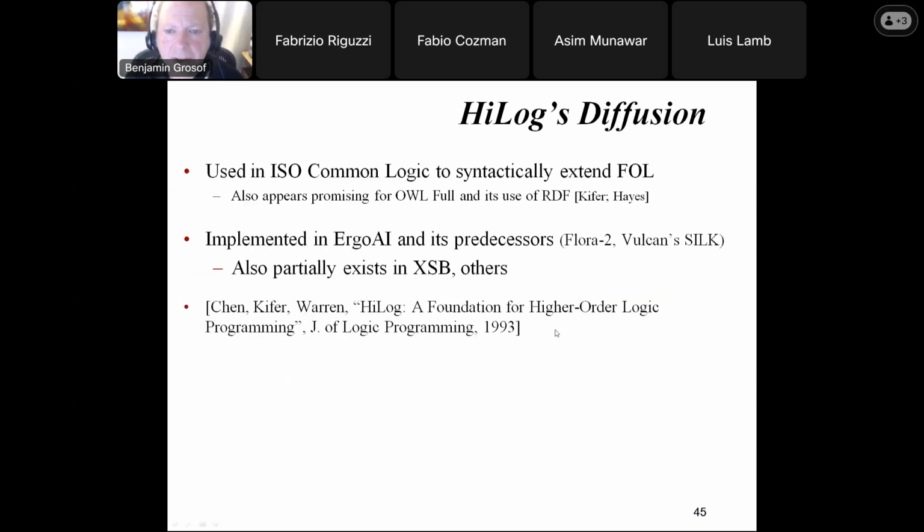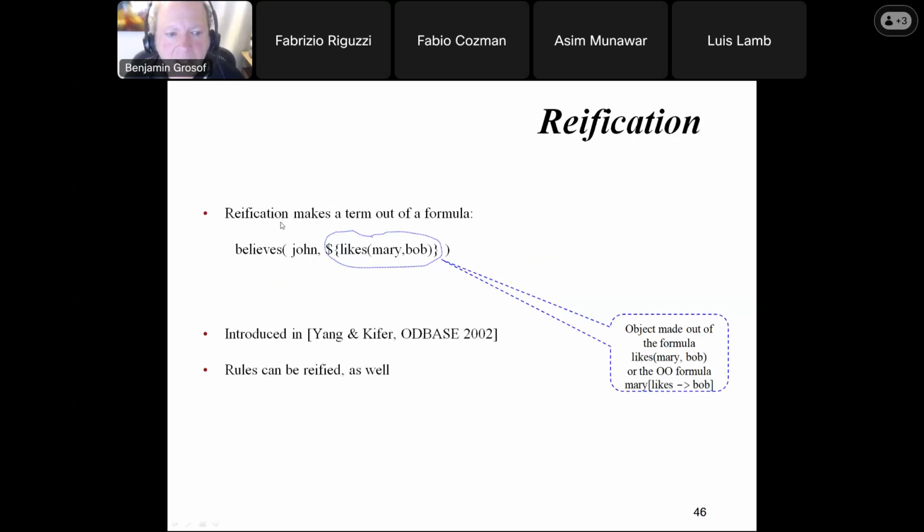Now, HiLog's diffusion: it's been used in ISO Common Logic, which is the main standard for first-order logic commercially, to syntactically extend first-order logic, and it appears promising for some other purposes in the technical treatment of the semantic web and OWL and RDF, for example. It's implemented in Ergo AI and its predecessors, and partially exists in XSB and a number of other systems. Reification is similar in some ways in spirit to higher order.